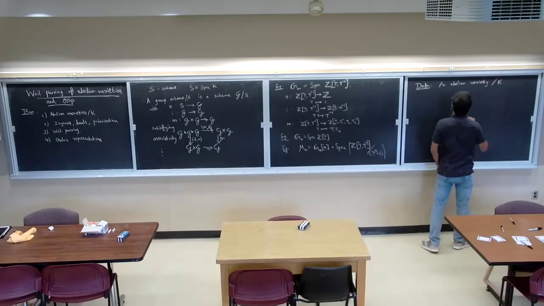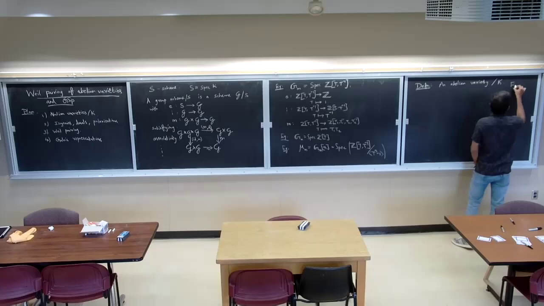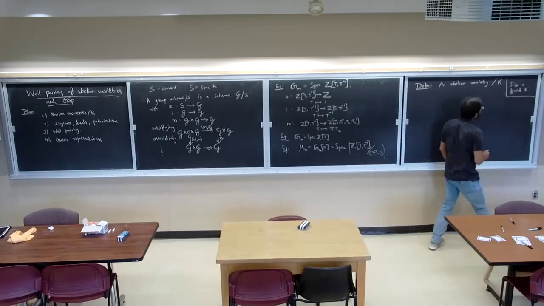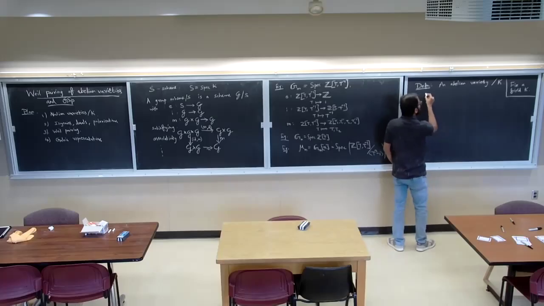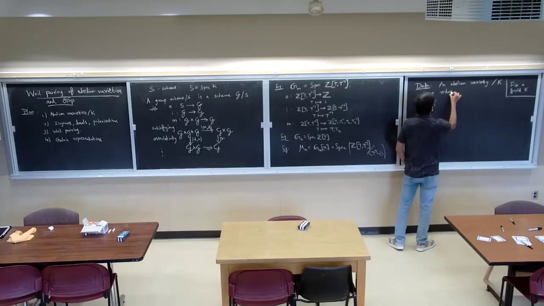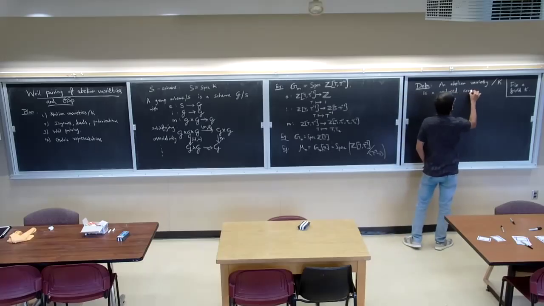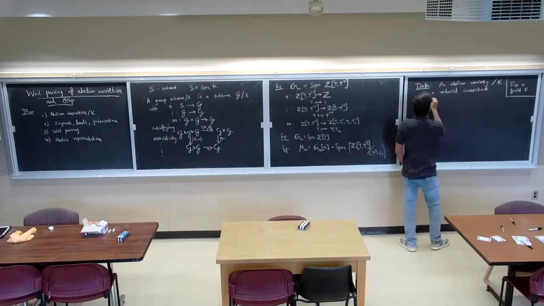So let me fix a field K. I'm not going to assume anything about the field. An abelian variety over K is a reduced, connected, projective group scheme.